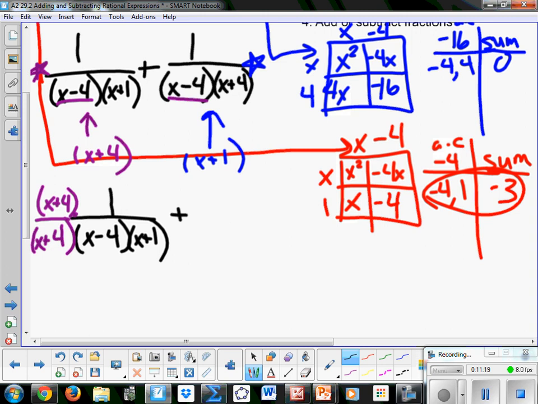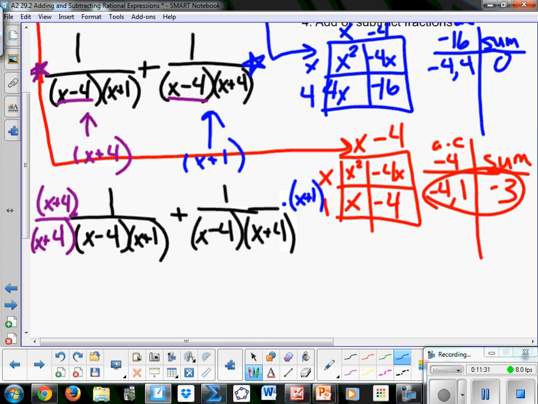Okay, so then again I have 1 over x minus 4 times x plus 4. I'm missing x plus 1, so I'm multiplying this by x plus 1. Sorry, it's squeezed over x plus 1.